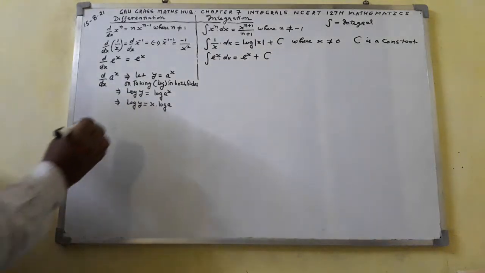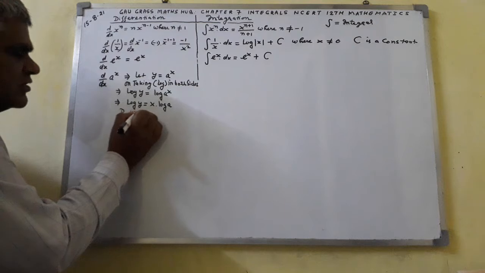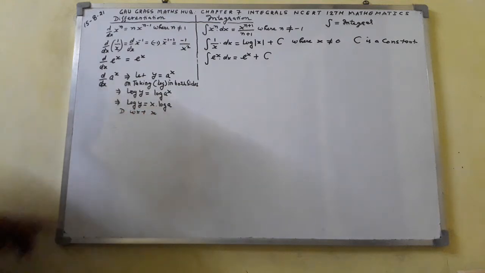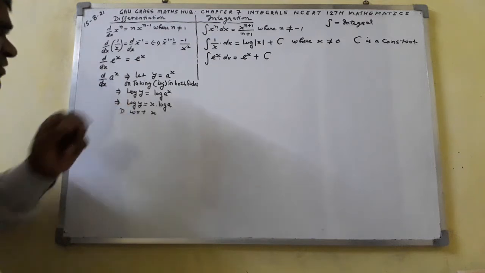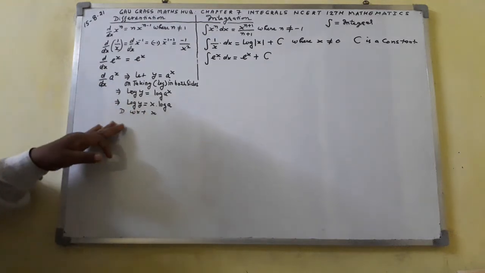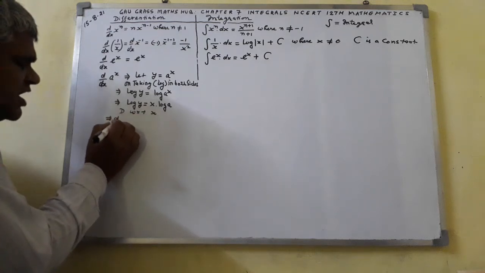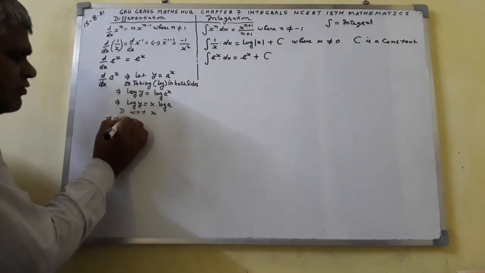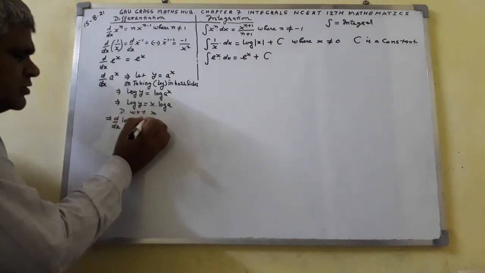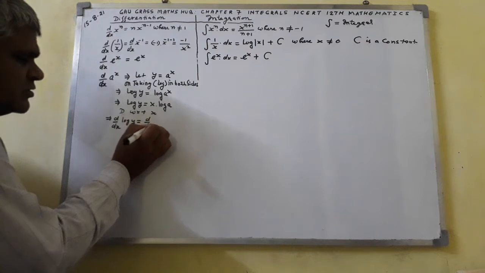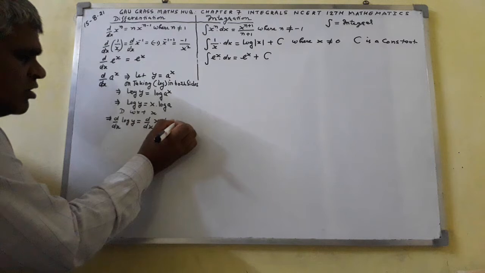Again I shall write, differentiating with respect to x. Differentiating log y with respect to x means d over dx of log y equal to d over dx of x dot log a.